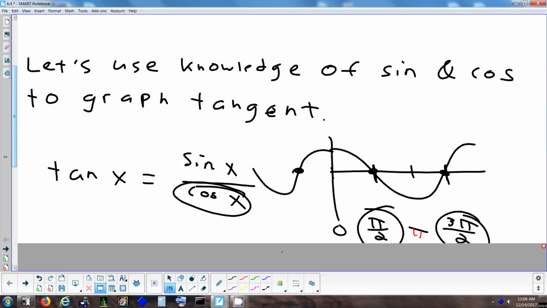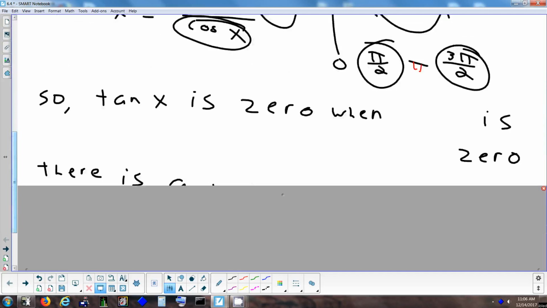That's 90. That's 270. So basically, you get an asymptote at every other multiple of 90. So 90, yes. 180, no. 270, yes. 360, no. So every other multiple of 90, we get an asymptote.